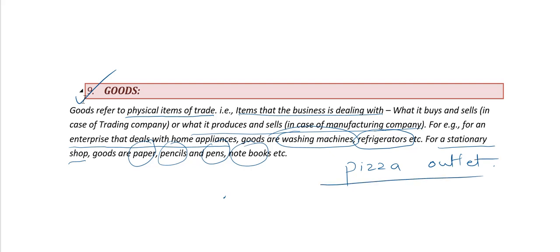The goods for this pizza outlet is pizzas. Let's say there's a footwear showroom next to your house. What would be goods for the footwear showroom? Shoes. So whatever the business deals with, what it buys and sells or what it manufactures and sells, that is called goods.